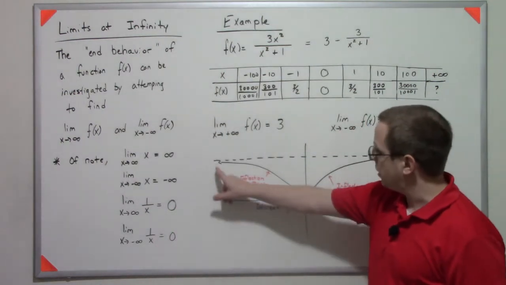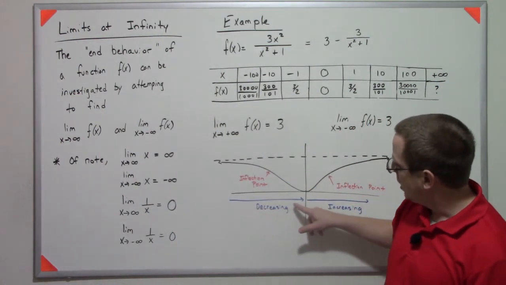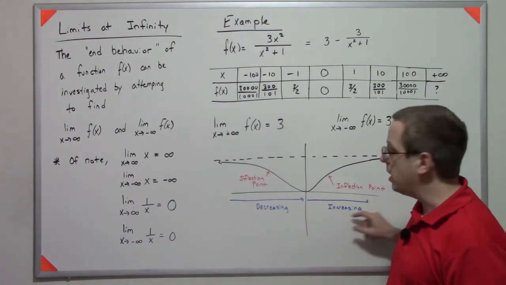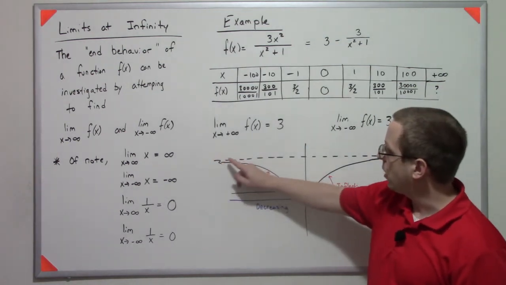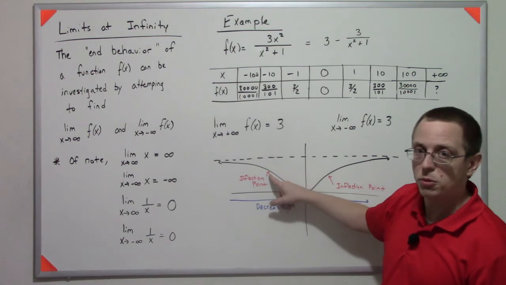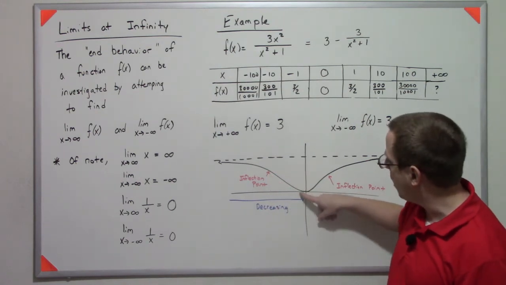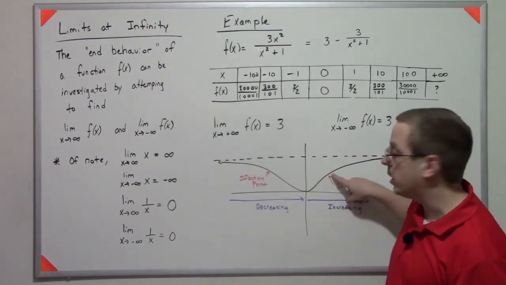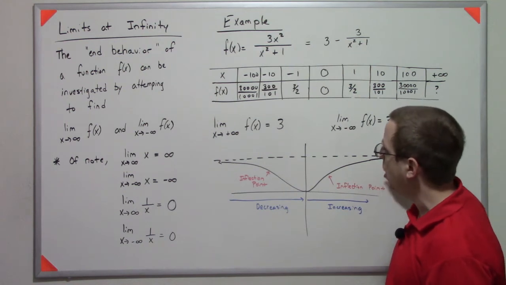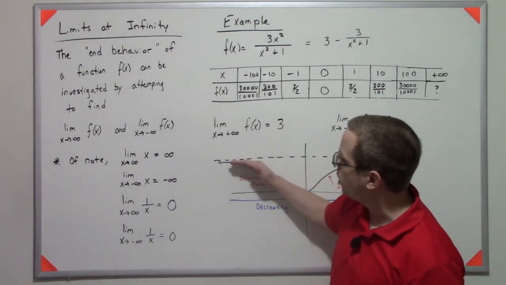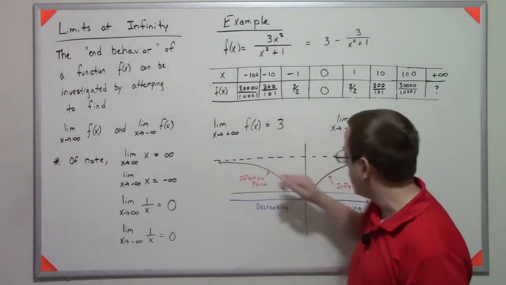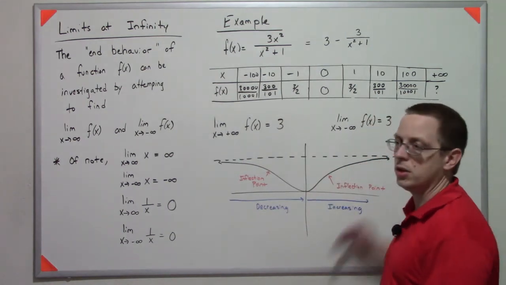So what we see is that the function is going to be decreasing, it's going to hit 0, and it's going to be increasing. And then it's going to be concave down, it's going to hit an inflection point, it's going to become concave up, it's going to hit another inflection point and become concave down. All the while, it's trending towards this positive 3.